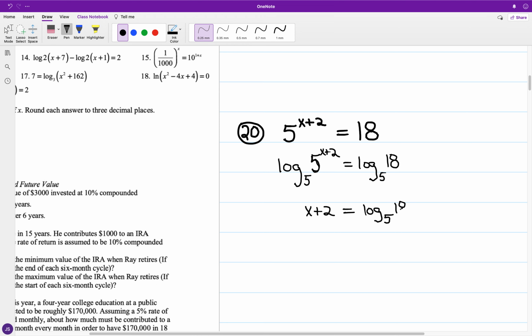And again, you'll likely not have a base 5 logarithm in your calculator, but you can utilize the change of base formula. You can use either the ratio of natural logarithms or base 10 logarithms. It does not matter. We'll just take the natural logarithm in this case. So you have the natural logarithm of 18 divided by the natural logarithm of 5.